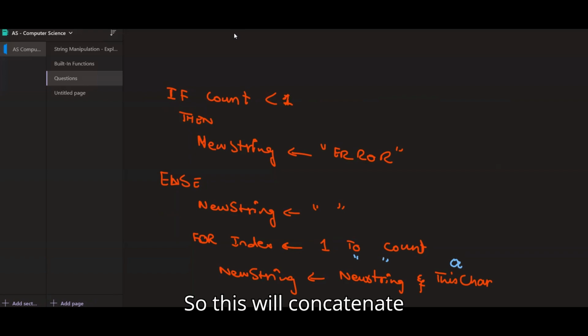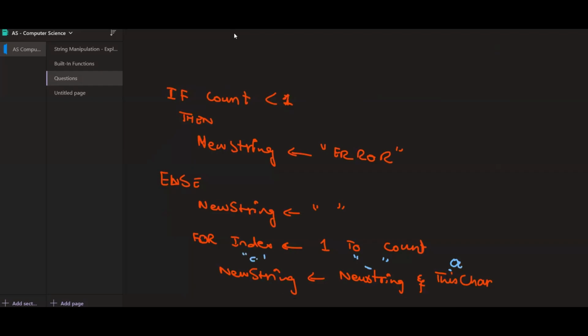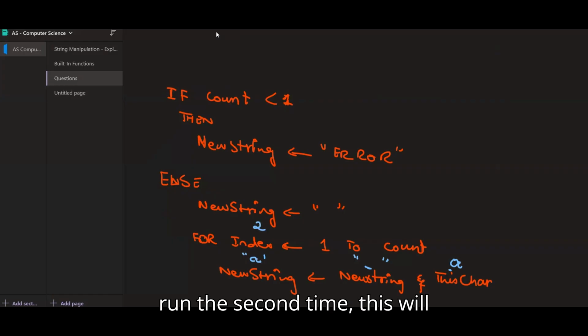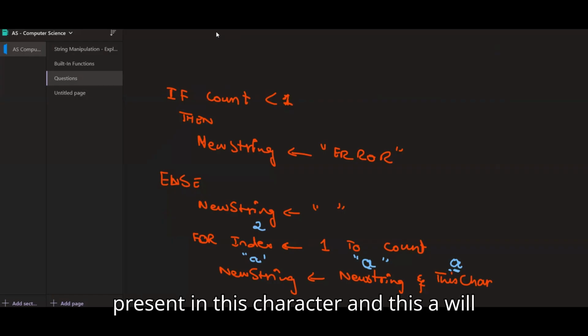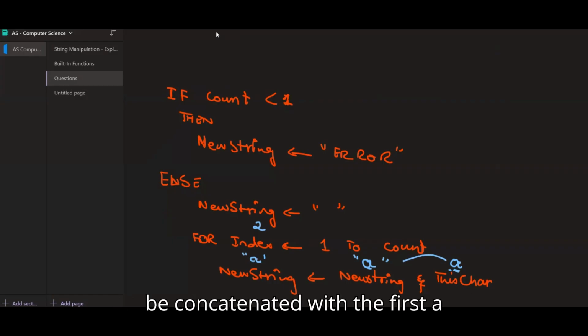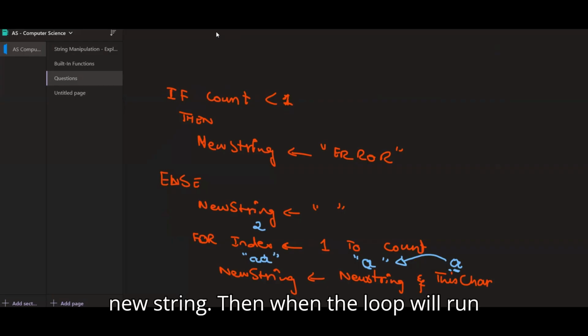So this will concatenate this empty with a and it will store a here. Then when the loop will run the second time, this will already have an A, another A will be present in this character, and this A will be concatenated with the first A, and two A's will be stored in new string.